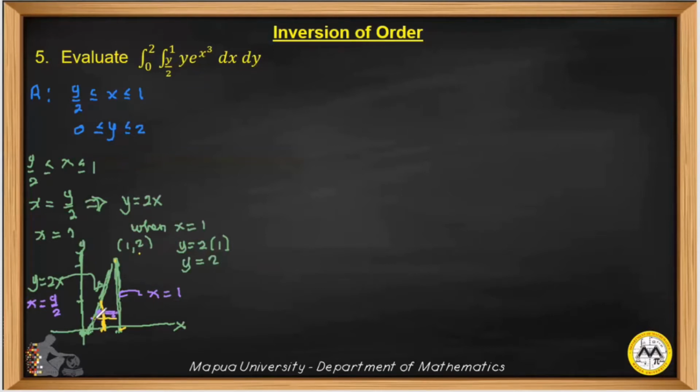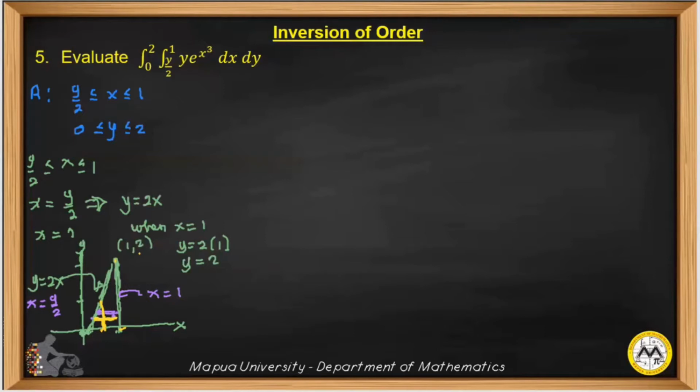Now, this is when we do the order dx dy. It seems that it is not horizontally simple, since we cannot easily evaluate the double integral in x first. Therefore, we have to change the order.